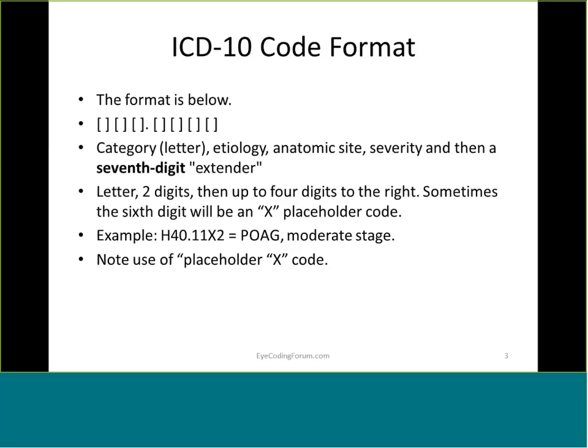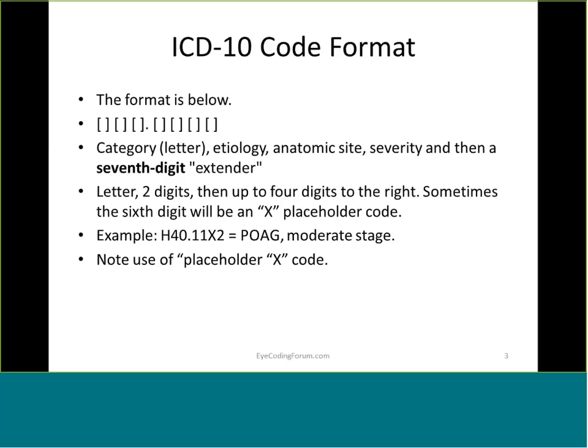The format is below. So the category will be identified by a letter, and then the etiology or cause. There's an anatomical site. They'll have a code for severity, and then what we call a 7th-digit extender. So we'll have a letter, 2 digits, and then up to 4 digits to the right of the decimal.